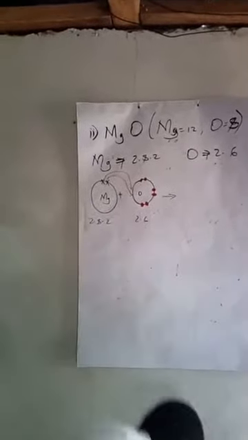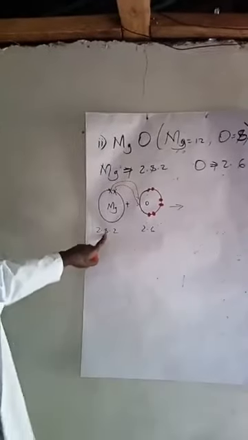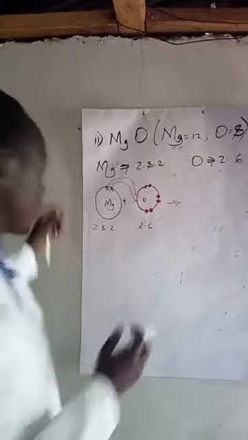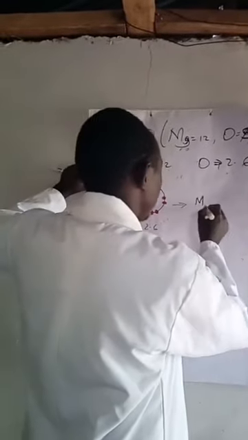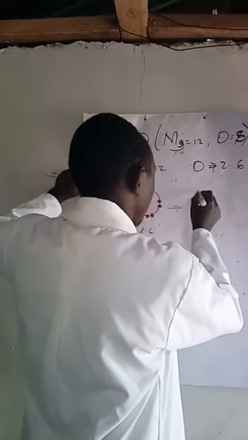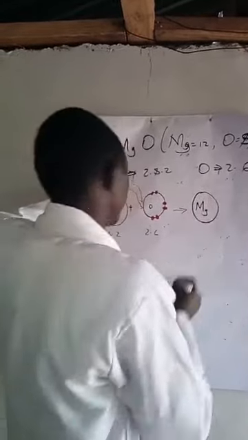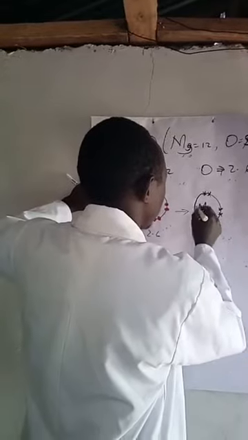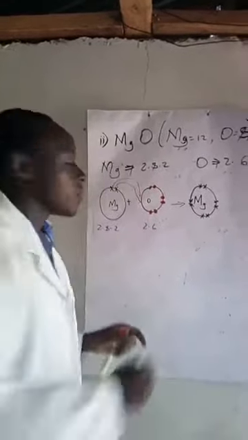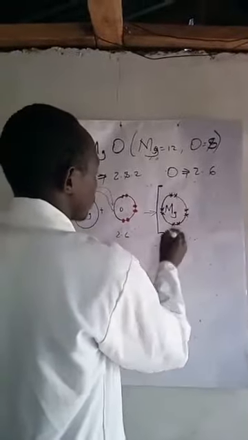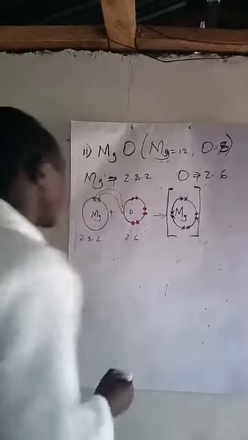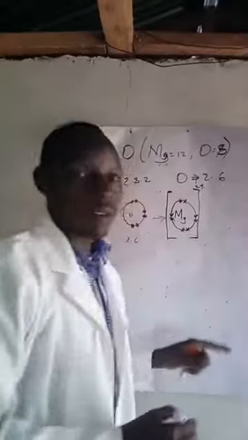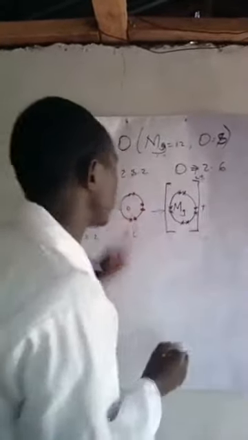When magnesium loses 2, you remain with 8 in the outermost energy level: 1, 2, 3, 4, 5, 6, 7, 8. Again, you enclose it with a square bracket, and because they are 2, it becomes 2 positive. So that's the magnesium ion.